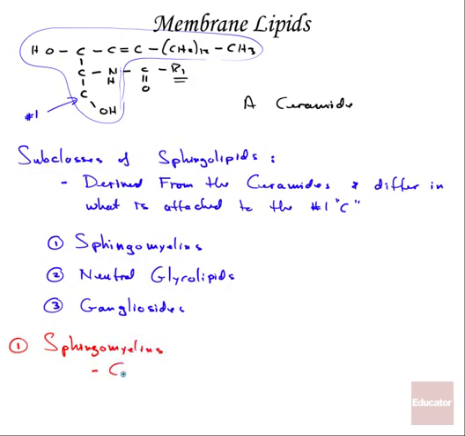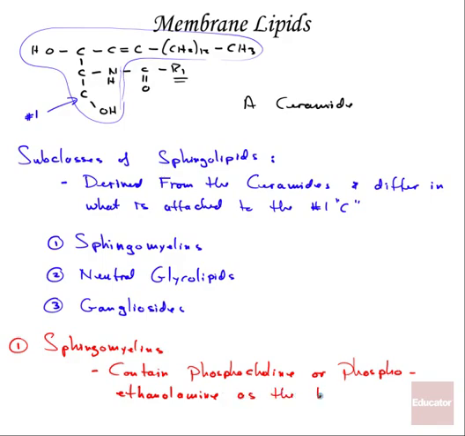Now, these contain phosphocholine or phosphoethanolamine, just like the glycerophospholipids, as the head group.